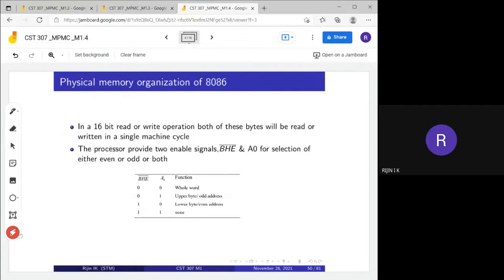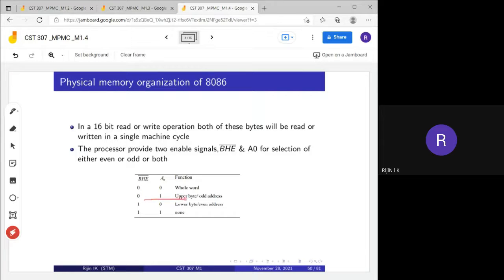And also, I had mentioned, based on the values of A0 and BHE. If A0 and BHE both are 0, it is accessing the whole word, meaning the entire 16-bit data is being accessed. Then suppose BHE is 0 and A0 is 1. What is the meaning?